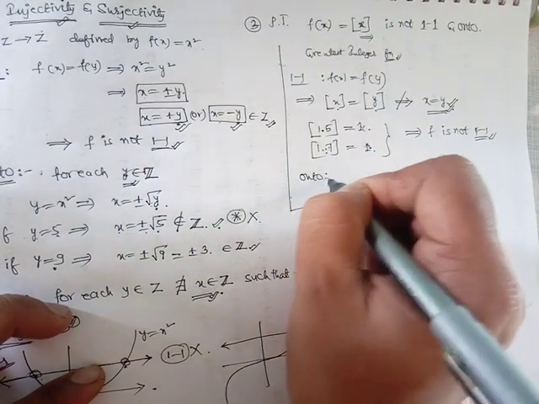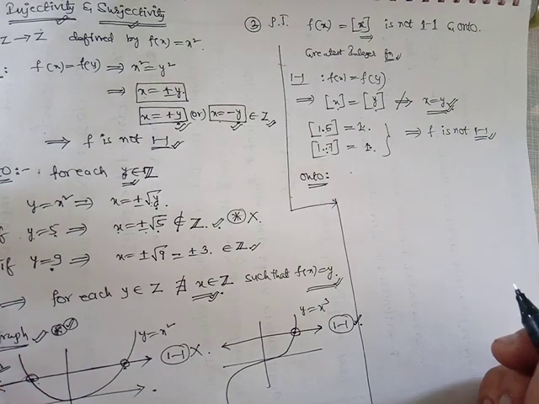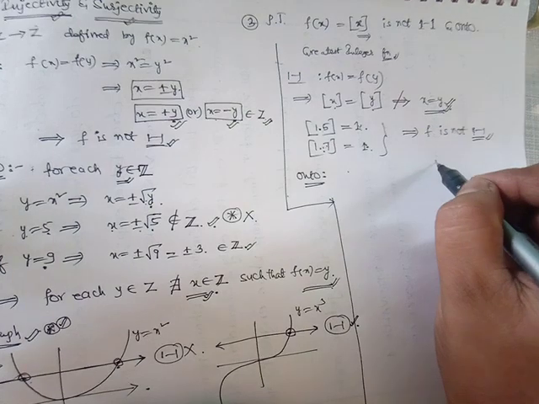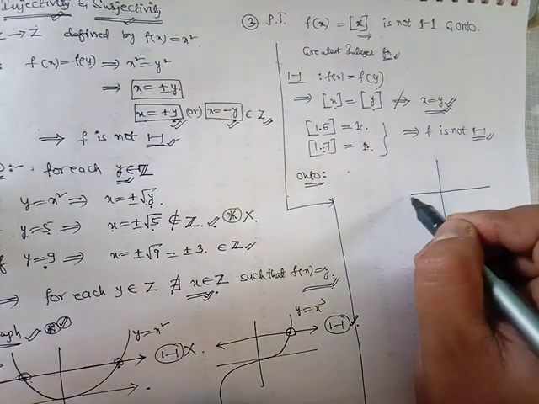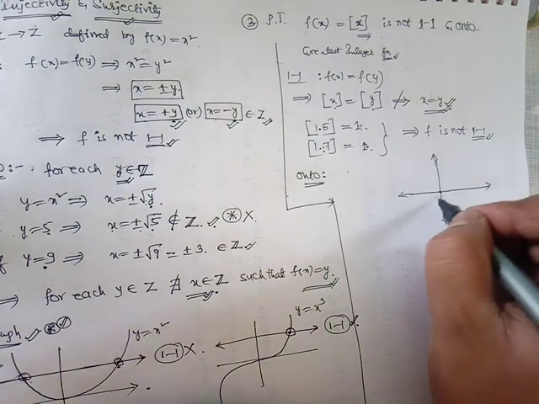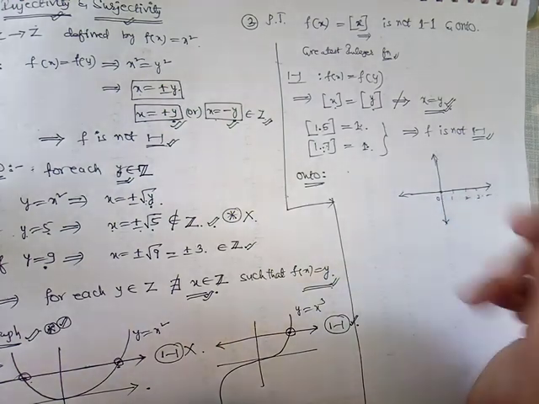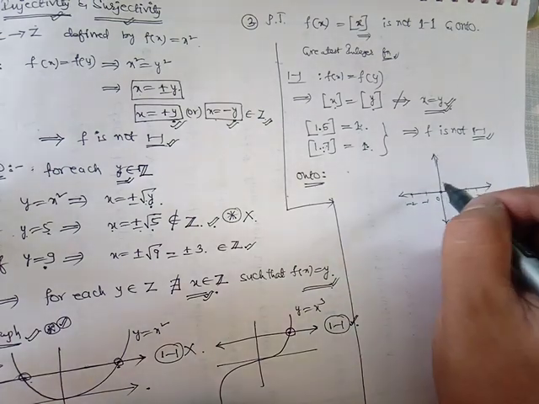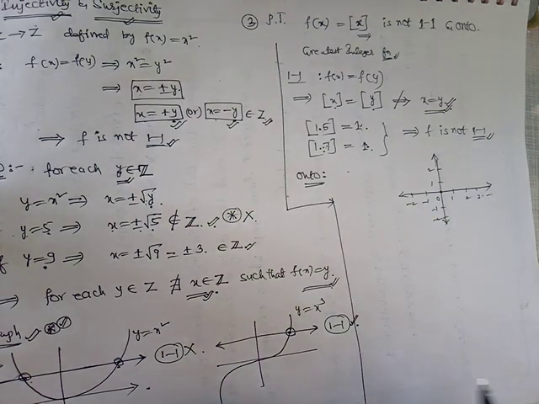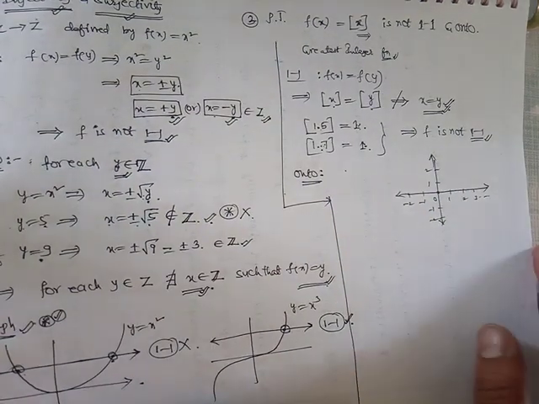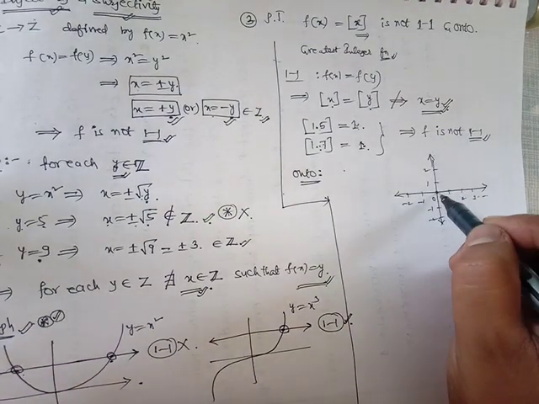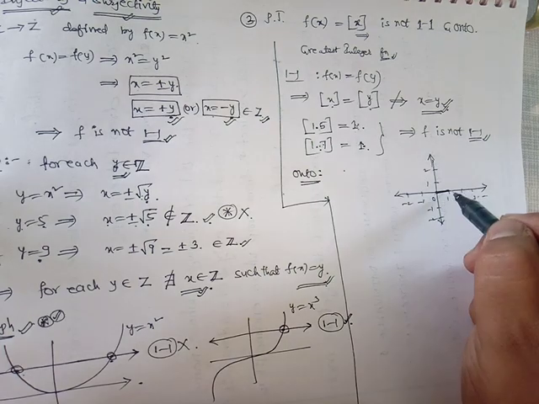Now coming to the onto case. Before that, we'll go with the graph of the function. This is your graph of the step function: 0, 1, 2, 3 and so on, minus 1, minus 2 and so on. Between 0 to 1, what values are taken? This value can be taken as 0 itself.